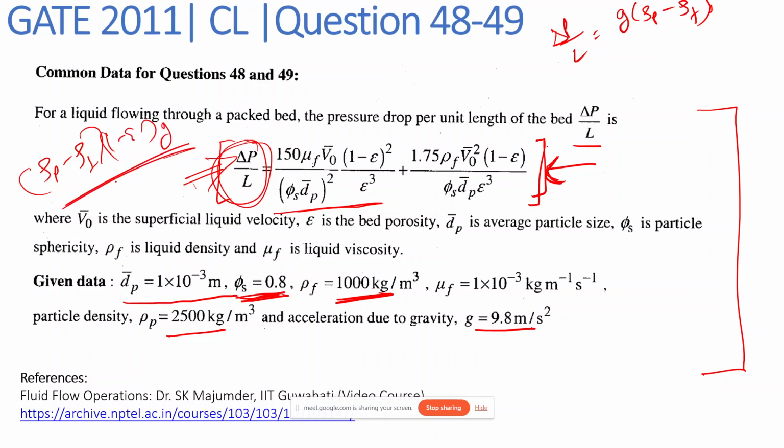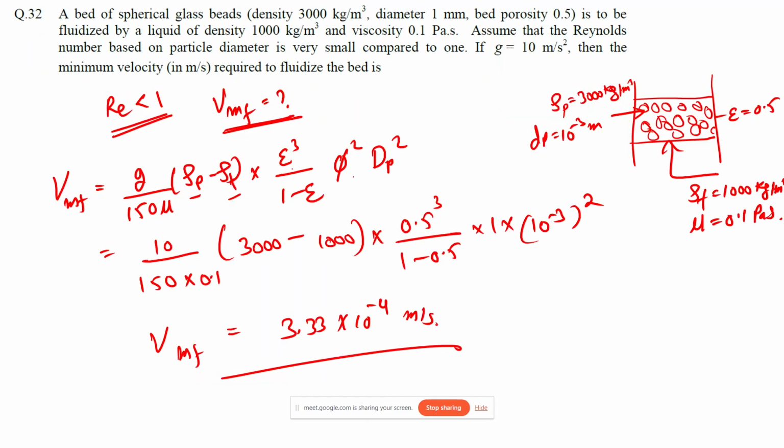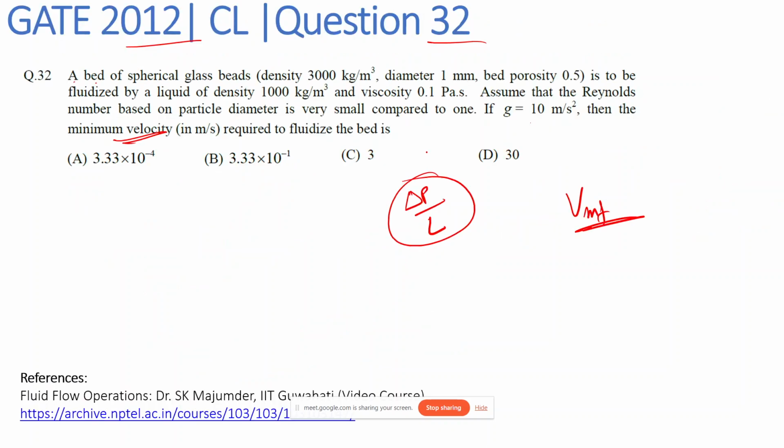And in the particular question, we have been given that the Reynolds number is very less than 1. That is, only the viscous term will come into account. So we can only consider this term, and based on solving this, we can calculate this V bar. So we can straight away have the formula for the minimum fluidization velocity, and that is what we will be using to solve this question. So I will just share the video solution.